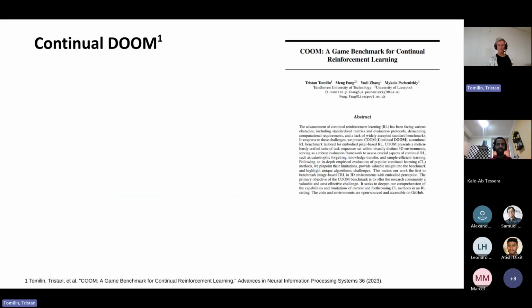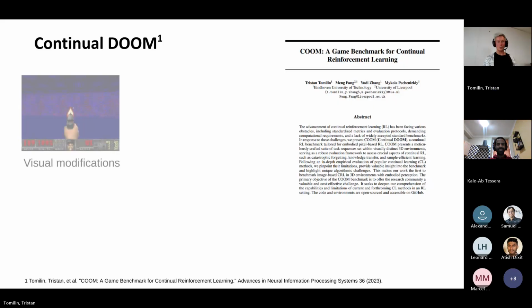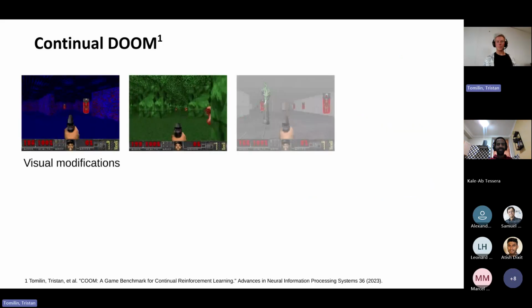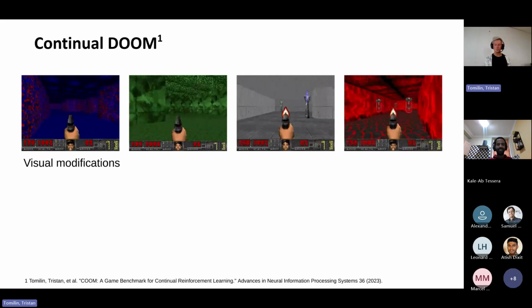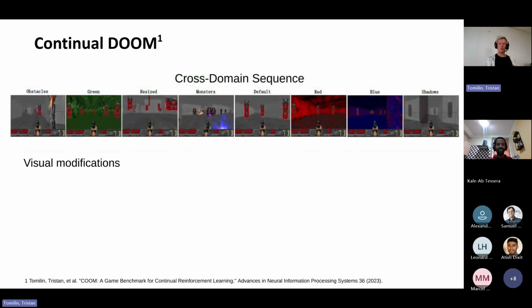Having said that, in a similar fashion, we introduced a continual learning benchmark, coincidentally also on the Doom environment, which this time we've also modified visually, and we obtain a cross-domain sequence.